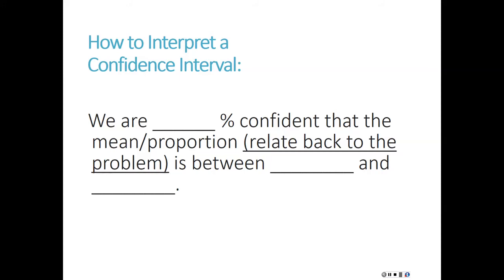Anything above 90% would be an appropriate confidence level. And what we're going to say is that we're that percentage confident that either the mean or the proportion of the population, whichever we're looking at, is between some number and another number that's larger than that first number.